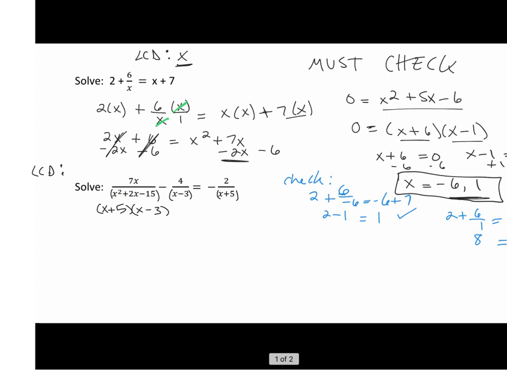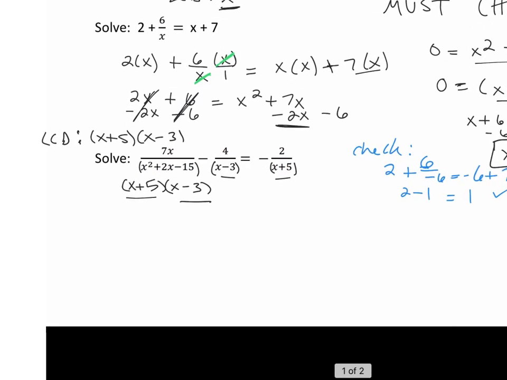So now the least common denominator, I need an x plus 5, and I need an x minus 3. And that's no longer unique, so those factors are all taken care of. So this is what I'm going to be multiplying each of the terms here, and I'm going to keep their denominators factored when I do this.